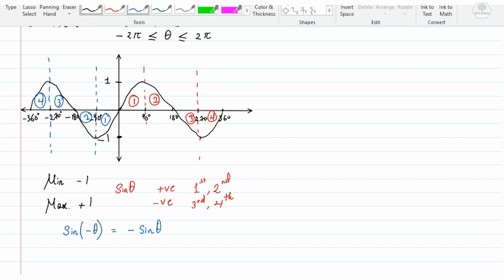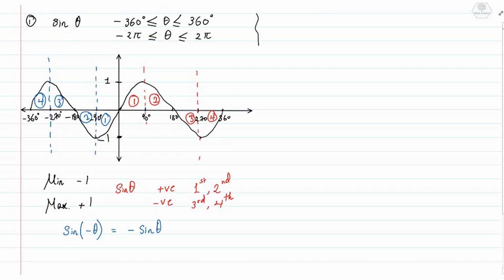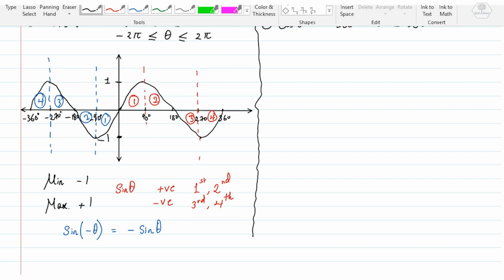Let's now go to the cosine function. I want cosine theta, and I want to draw it also from negative 360 to 360 degrees. Let's draw our axis.